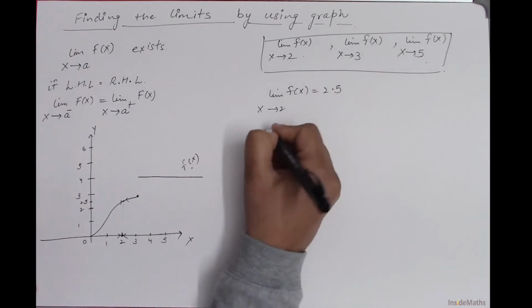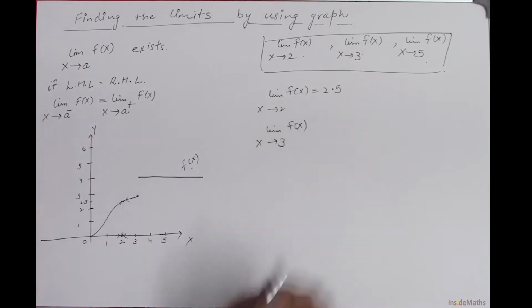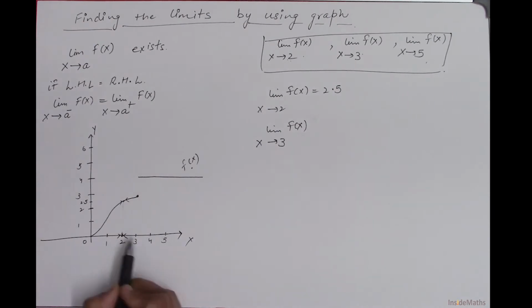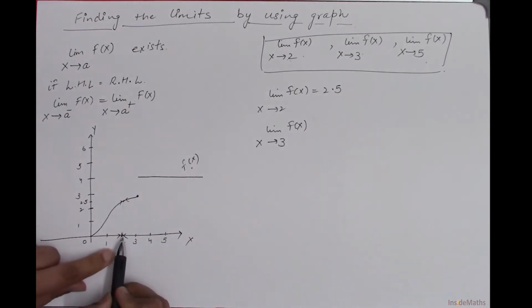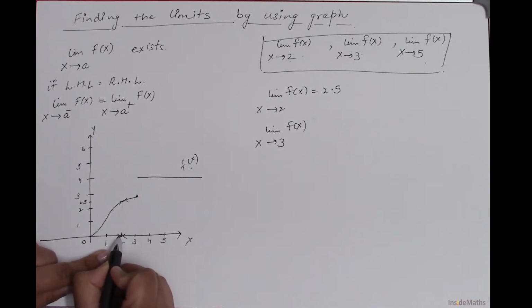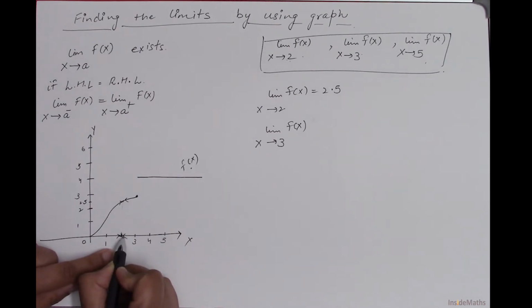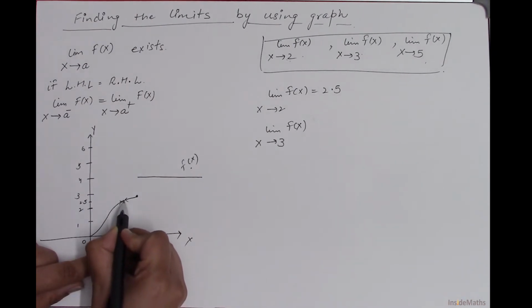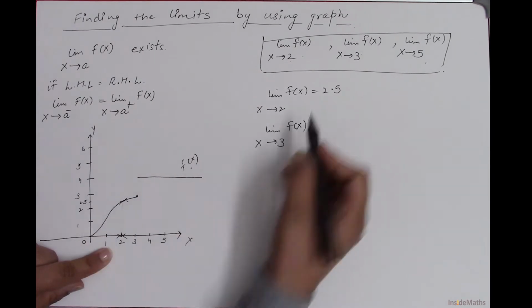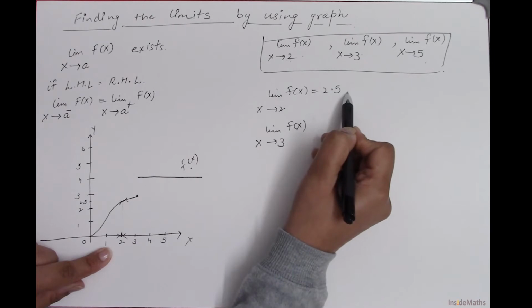Now here when we check the limit at 2 from the left hand side, that means when x was approaching to 2 negative, it was approaching to 2.5, and when x was approaching to 2 positive, that time also it's approaching to 2.5.